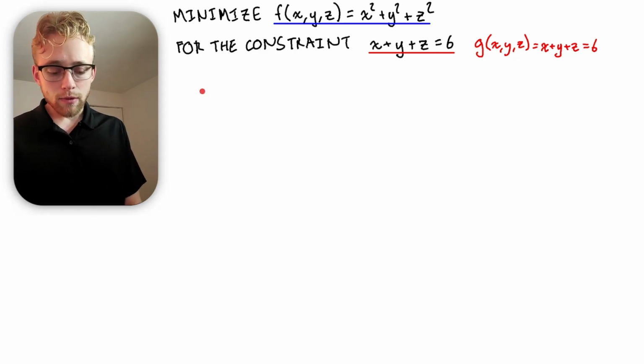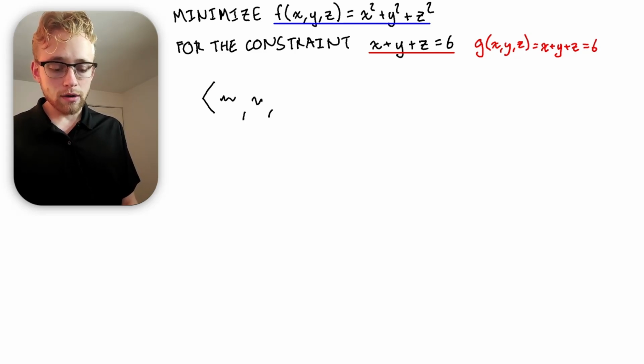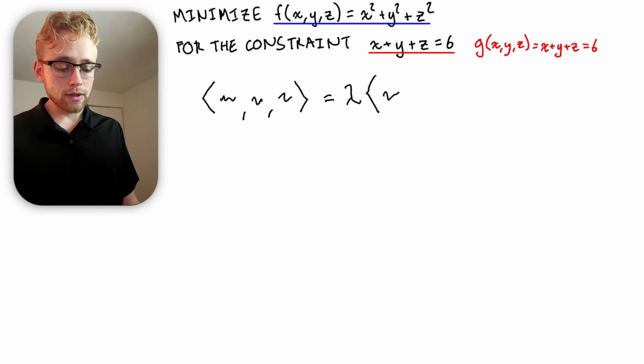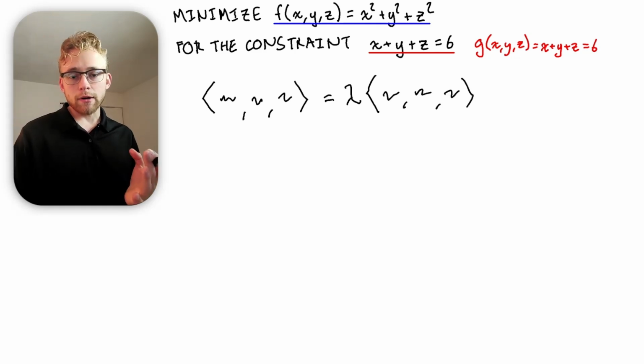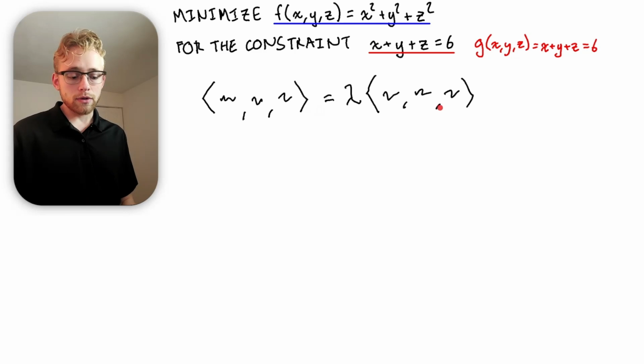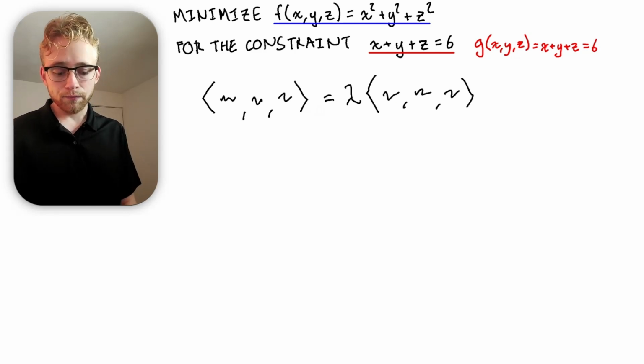So let's write out what that would look like. It has something here, here, here, equals this times something here, here, and here. Now we need to figure out what our gradient functions are so that we can get each of these vectors.